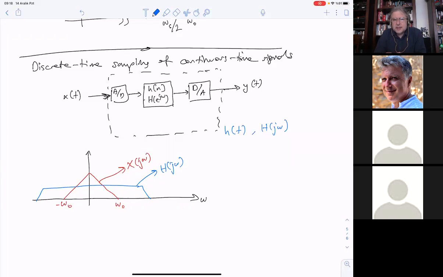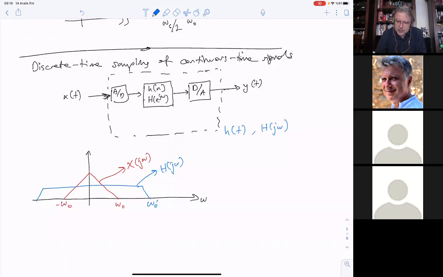The effective h of j omega doesn't need to be up to omega 0 prime, because between omega 0 and omega 0 prime, it's actually doing nothing because there's no signal there. The signal content is unavailable over there. So why do we want to implement this particular blue h of j omega, although there is no need to have it completely between omega 0 and omega 0 prime?